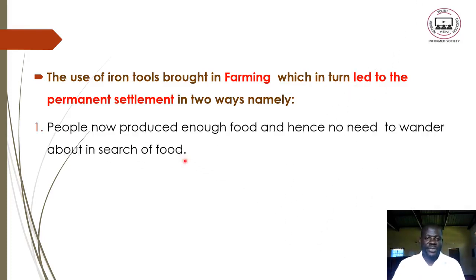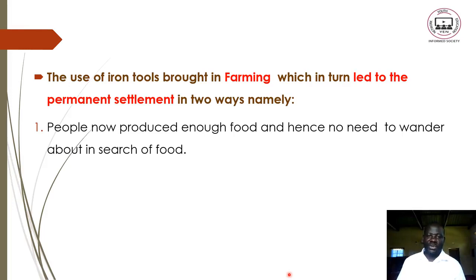Number one, people now produced enough food, and hence there was no need to wander about in search of food. Remember, we just said that the people were moving from place to place to gather fruits or to hunt, and they did not have permanent settlement during the Stone Age.